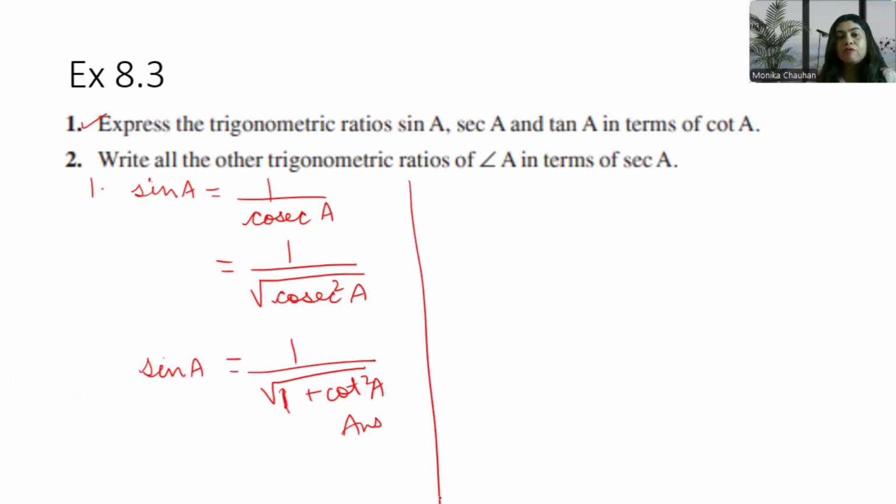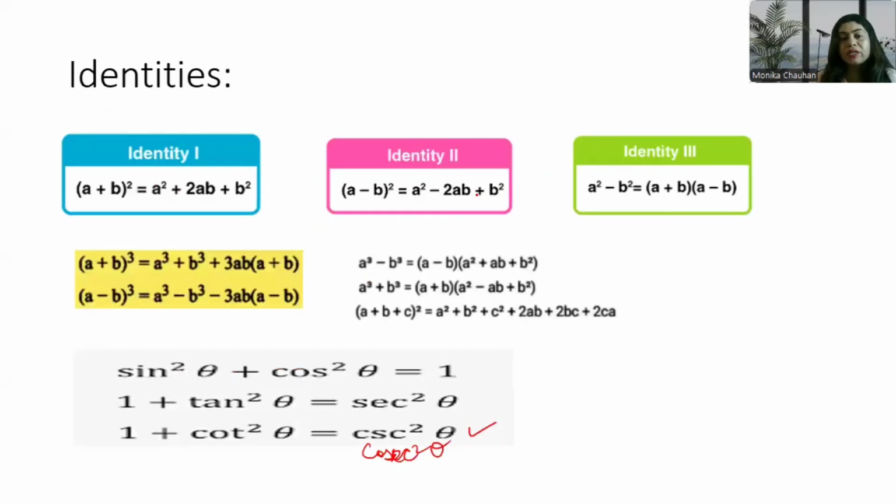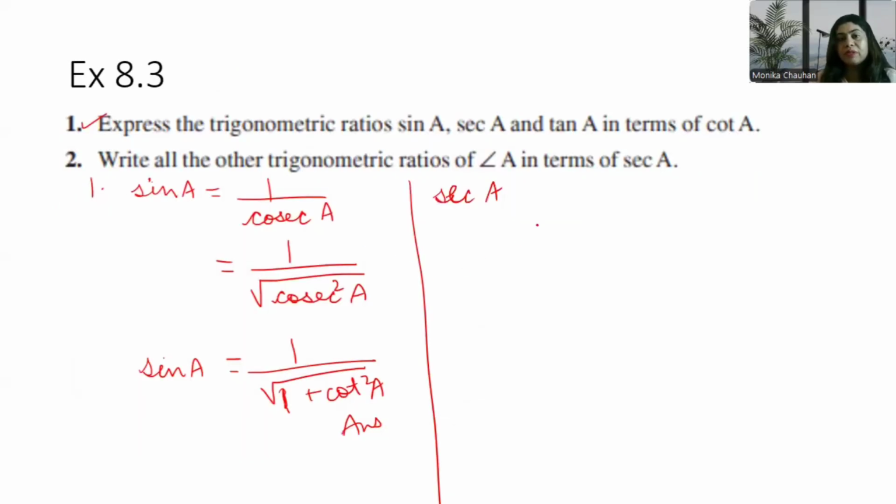Now let's see sec A. Again, for sec and cot, do you want to go back and check what the relationship is? Somewhere I'm making it in this form, because tan and cot can be easily interchanged. So sec A, I can write as the square root of this as well as the square. This step is used in many places, so you have to remember it: square and square root.